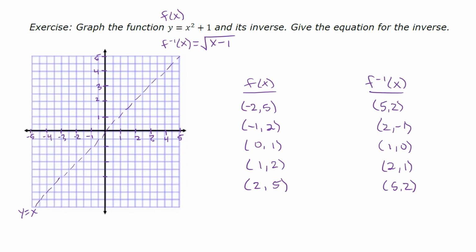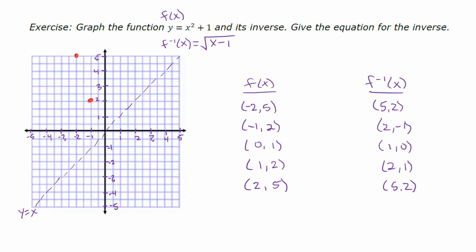Do these ones as well. So -1, 2, 3, 4, 5. All right. So we'll have -2, 5. We'll have -1, 2.